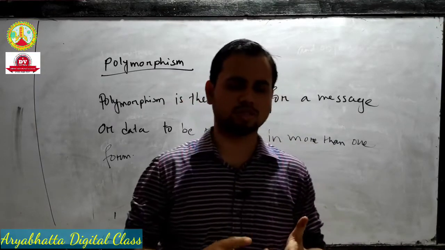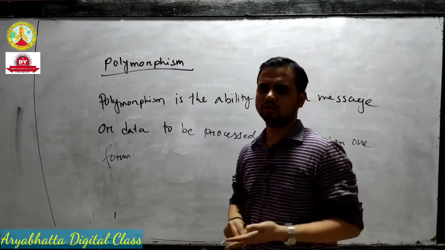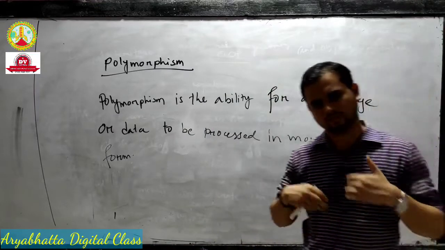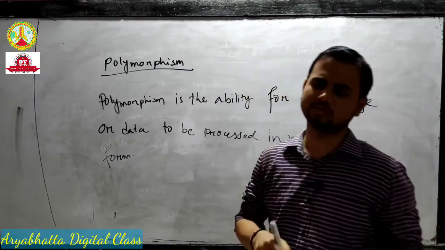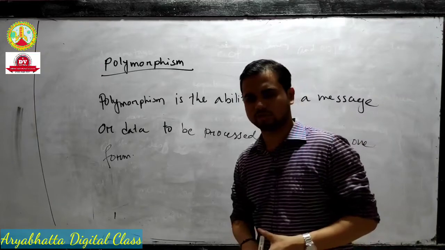Then one name, two persons means in an object is also one function name, same name function, but the mechanism is different. This concept is polymorphism.